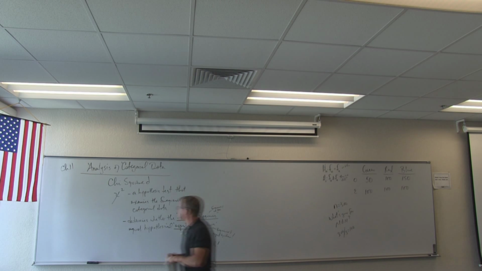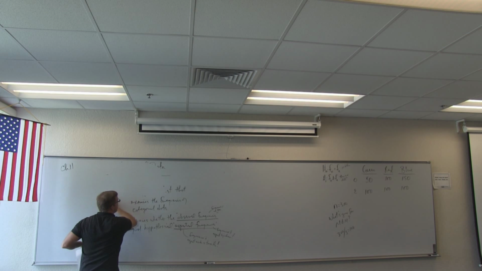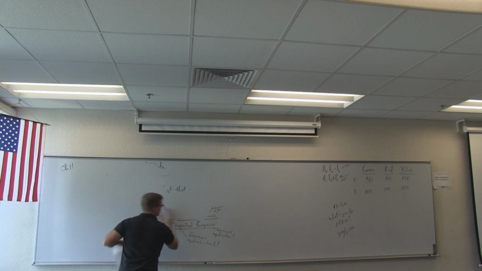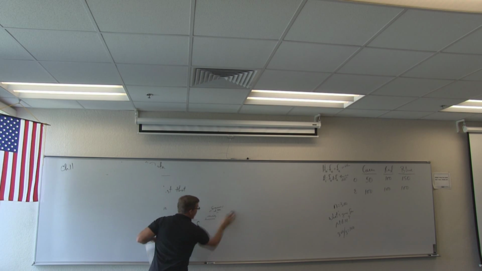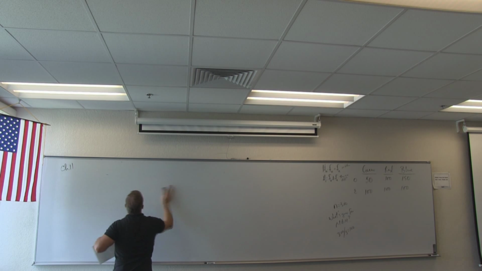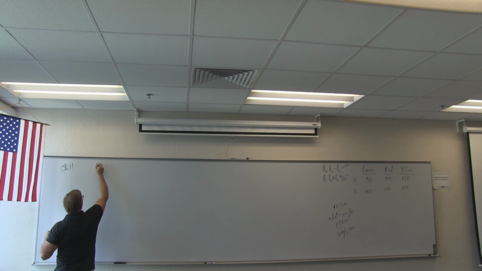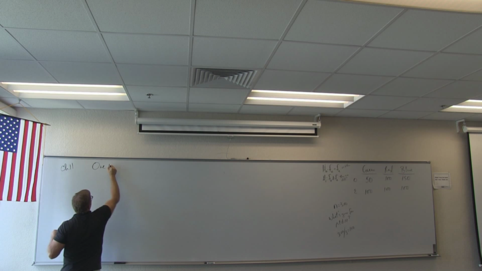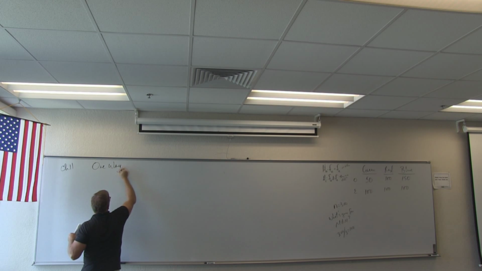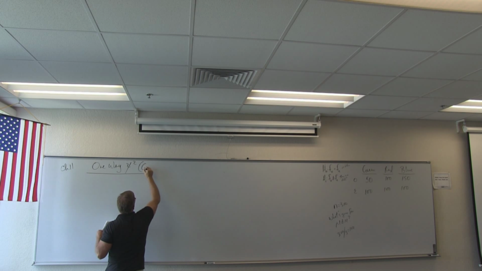Our first chi-square statistic, and again it's presented in chapter 11, is called the one-way chi-square. Also called the goodness of fit test.